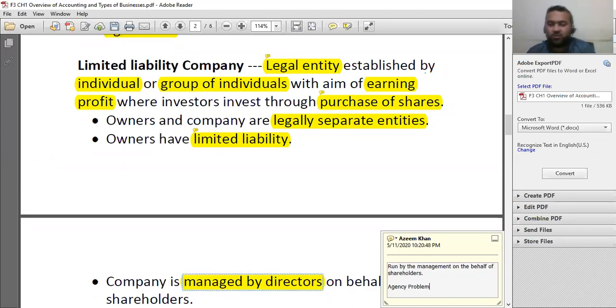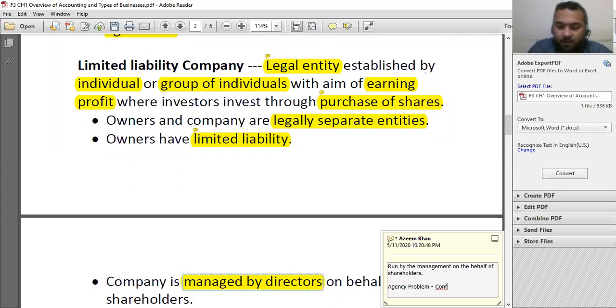You are selling the goods, and through the sale of goods a profit is generated, and the profit belongs to the owners. This profit does not belong to you. Here it means that the directors are managing the business, so directors are not the owners. They are the management and they are the agents of the owners. Because of this, we have the agency problem.